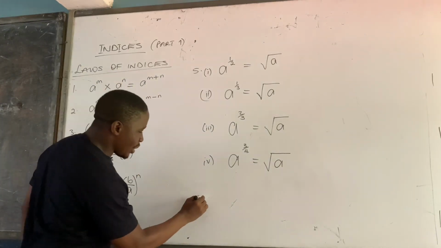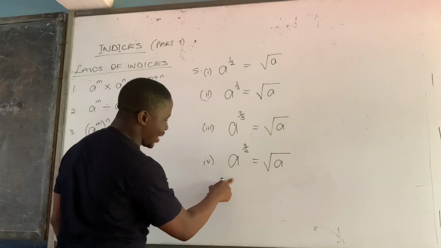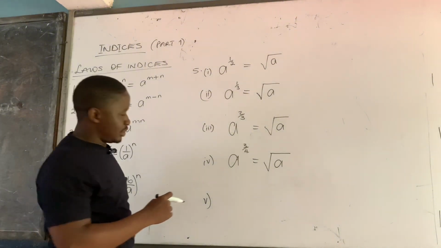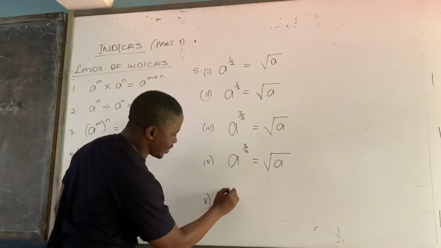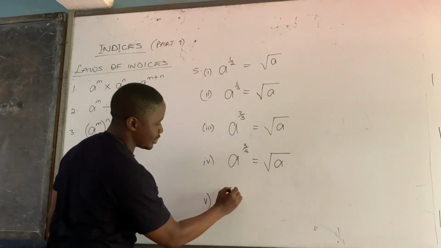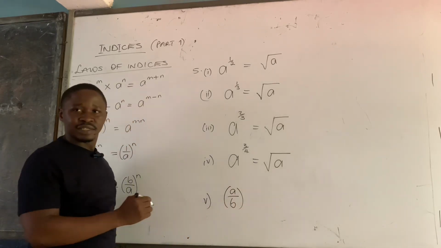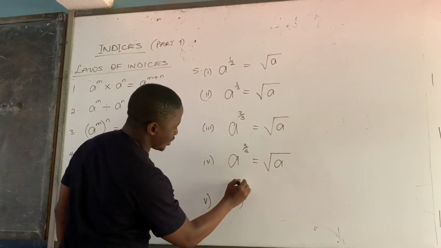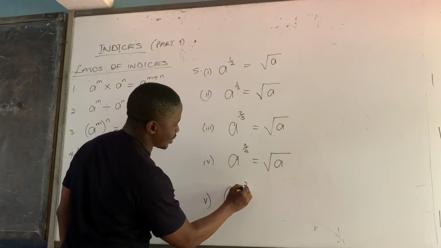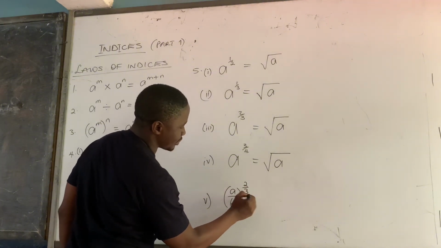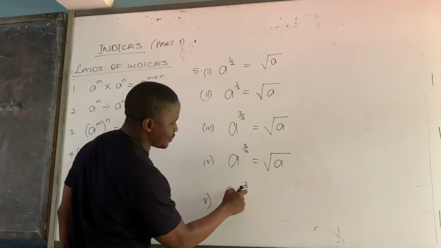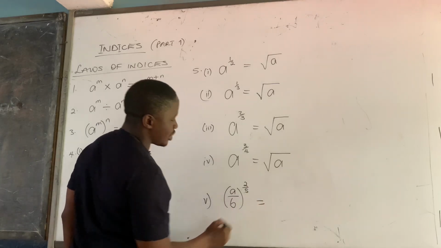Okay, let's say we have another one here, like A upon B to the power of, let's say, 2 upon 3, or let's say 5. Alright.